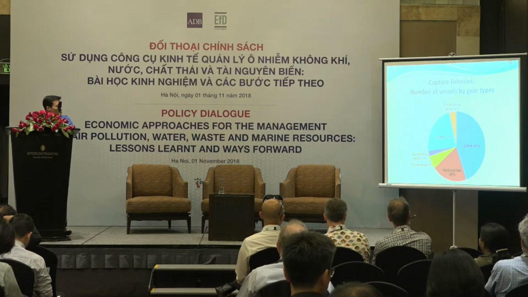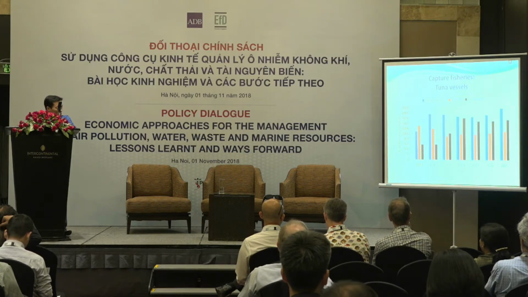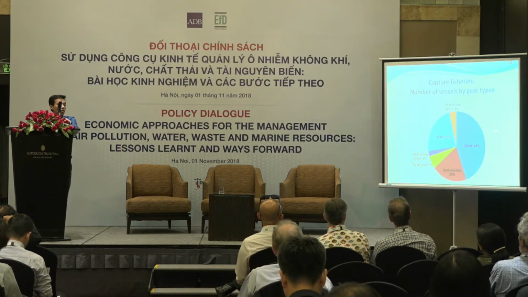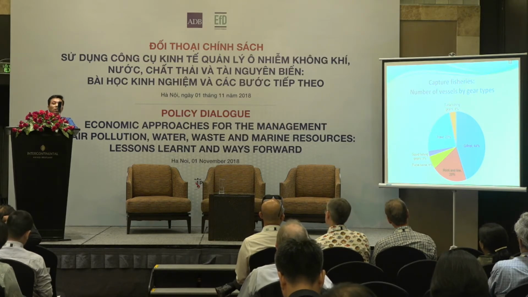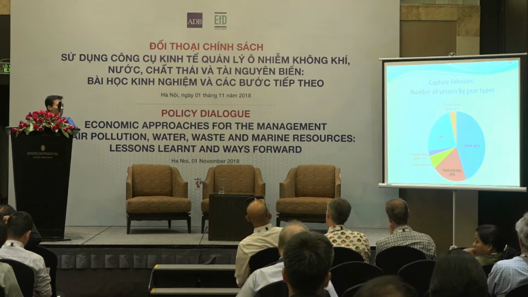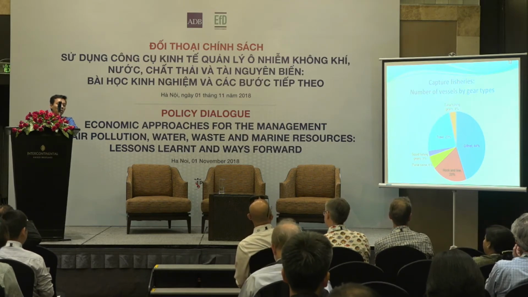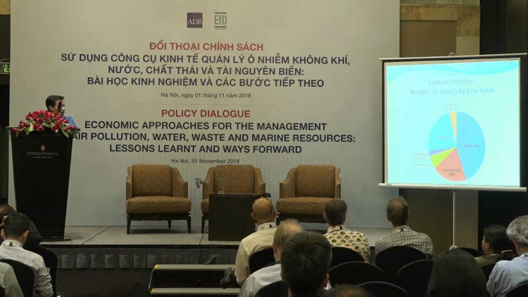For example, the big one is the gill net, at 44% of the 109,000 fishing vessels. So you can imagine that more than 40,000 vessels are targeting with gill nets.